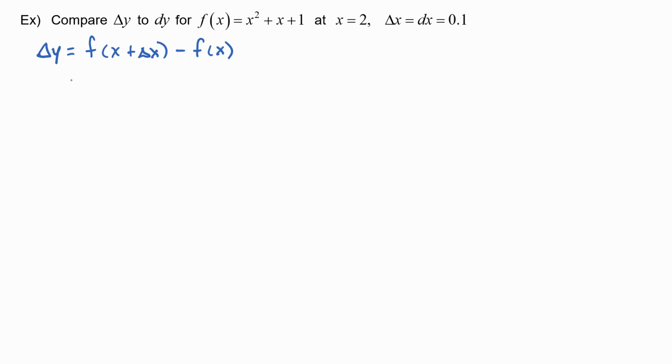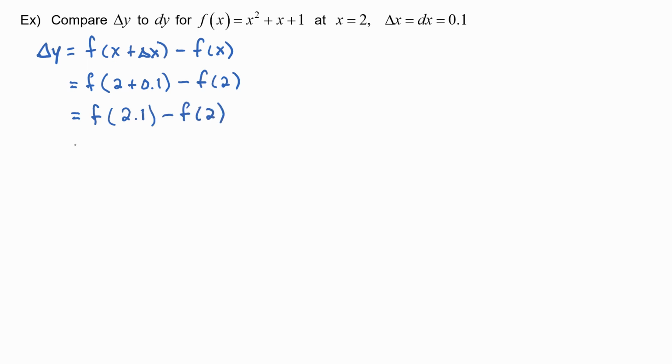So if we plug in here, we will get f of, remember, x is equal to 2 plus delta x, which is given to be 0.1, and then we have to subtract f(x), which will be f(2). Simplifying, we have f(2.1) minus f(2).